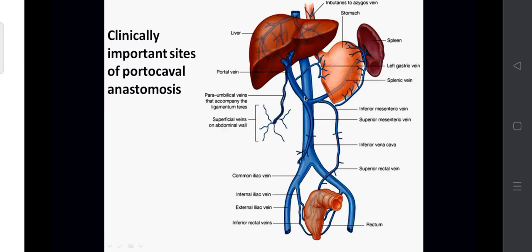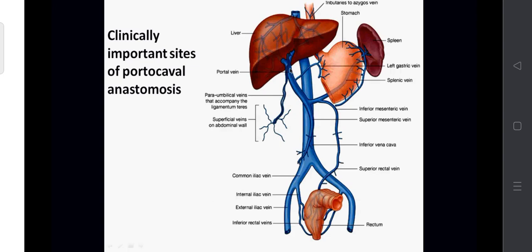Normal pressure within the portal vein is about 5 to 15 millimeter of mercury, but if there is obstruction to the flow of blood in the portal vein, then the pressure can rise up to 40 millimeter of mercury, where it is called portal hypertension.